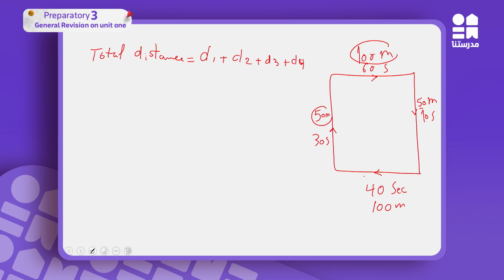Okay. The first distance here is 50, plus 100, plus 50 again, plus the last distance, which I found by myself from this shape.